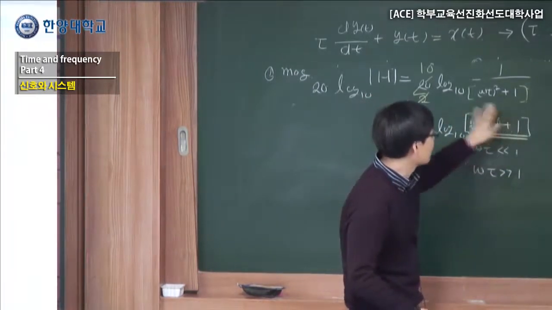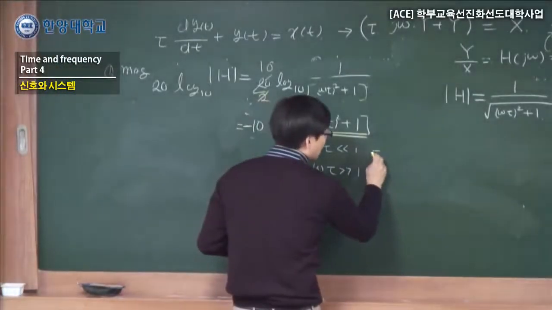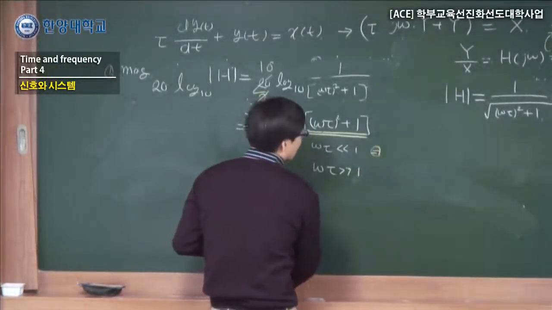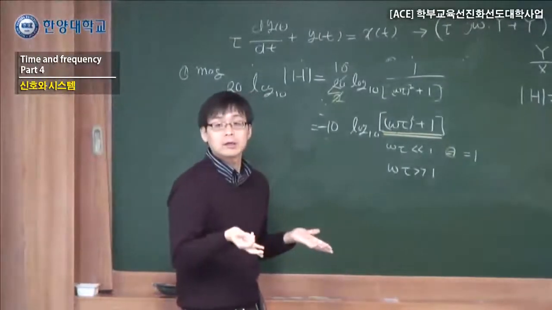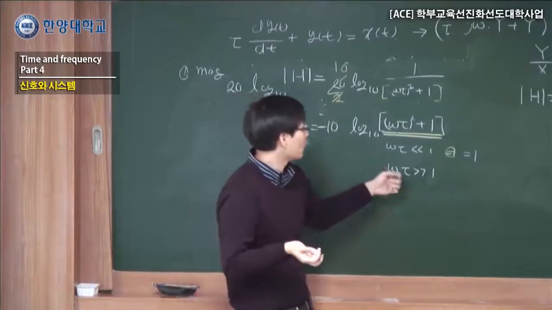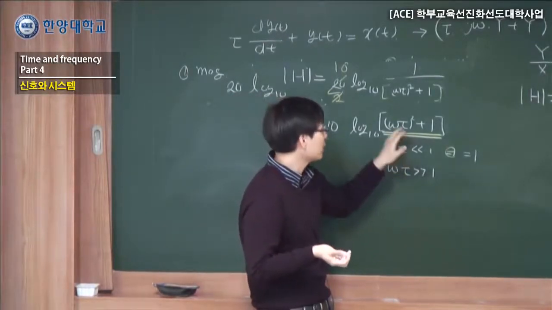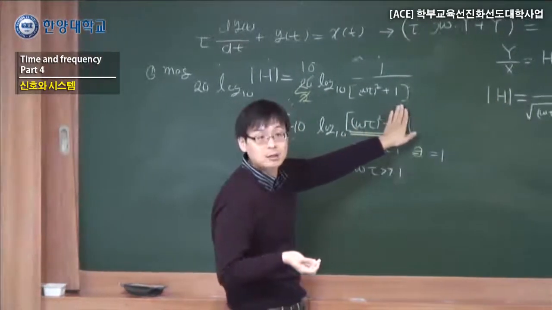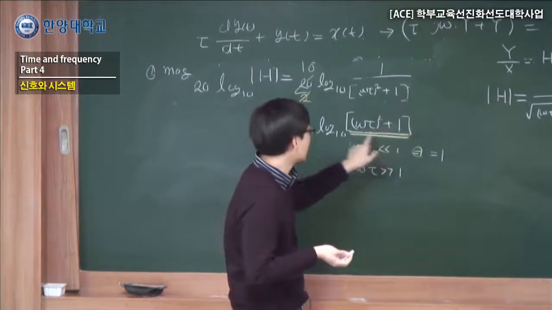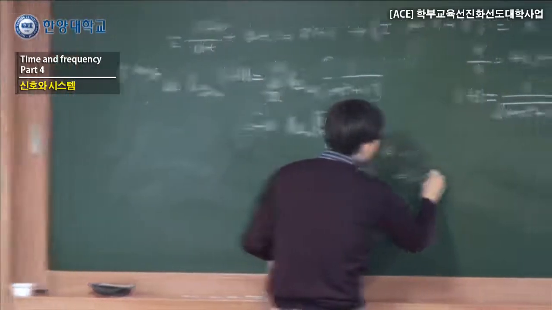The total value over here, the yellow, will be 1, right? If omega tau is much larger than 1, then this is much bigger than 1, so we can ignore this part. So the value in yellow will be omega tau squared.